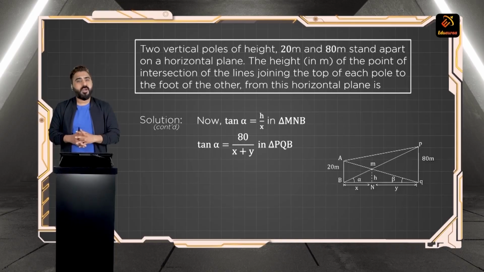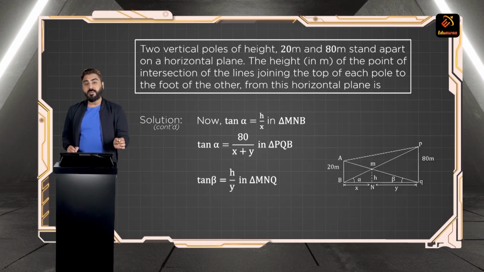Now students, after finding tan alpha, we need to find tan beta. So what will be tan beta? Tan beta will be H upon Y in triangle MNQ.